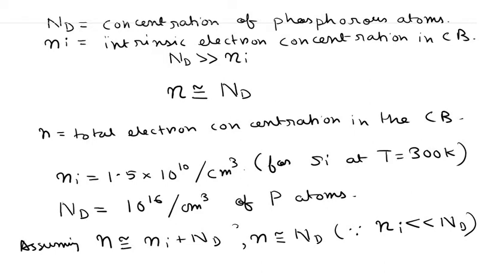Okay, this kind of dopants which add electrons to the conduction band are known as N-type dopants, or these are also known as donor dopants.